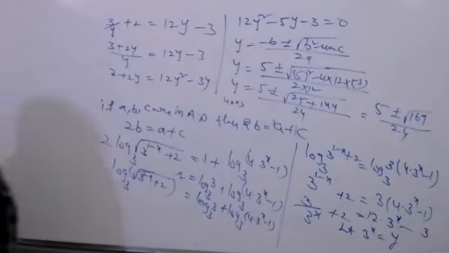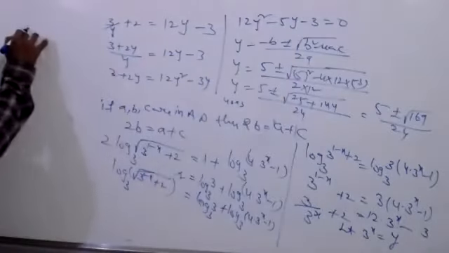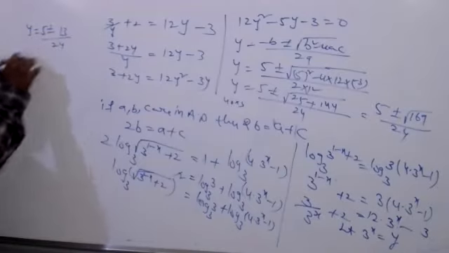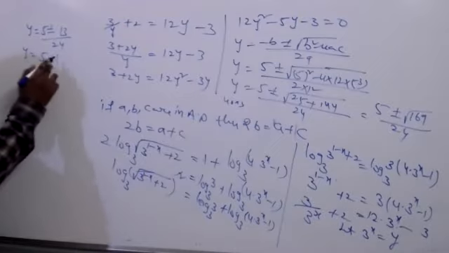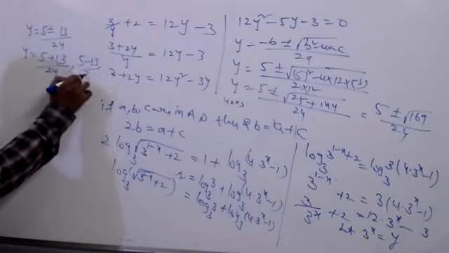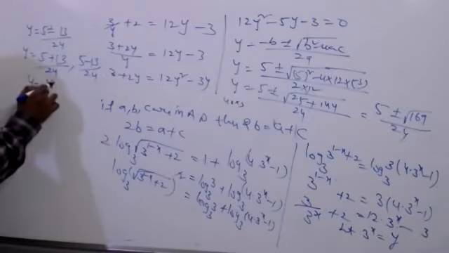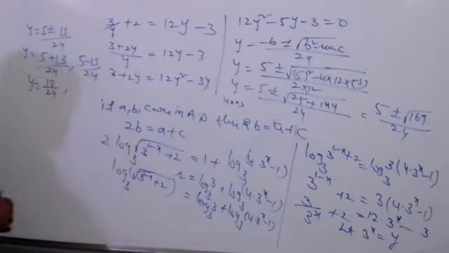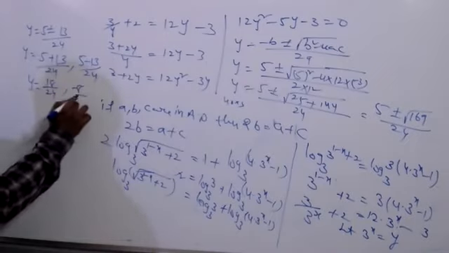Okay. Y is equal to 5 plus or minus 13 upon 24, right? Now y is equal to 5 plus 13 upon 24 and 5 minus 13 upon 24. Then y is equal to 18 upon 24, comma, then 5 minus 13, minus 8 upon 24.